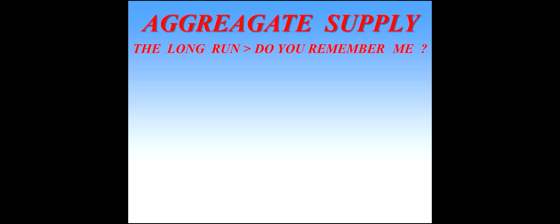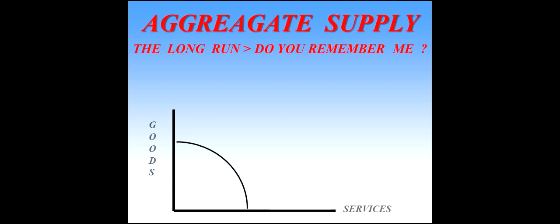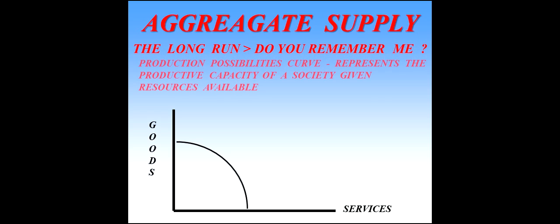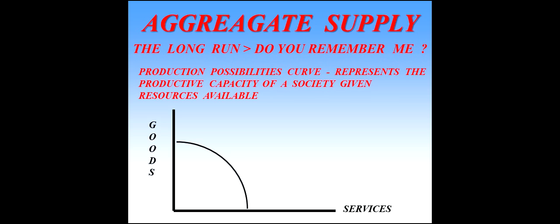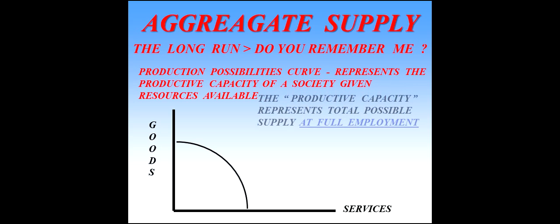And I have a question for you here. Do you remember me? And I'm sure you do. This is the old production possibilities curve that you were introduced to back in Chapter 2. The production possibilities curve represents the productive capacity of a society given all the resources that are available.